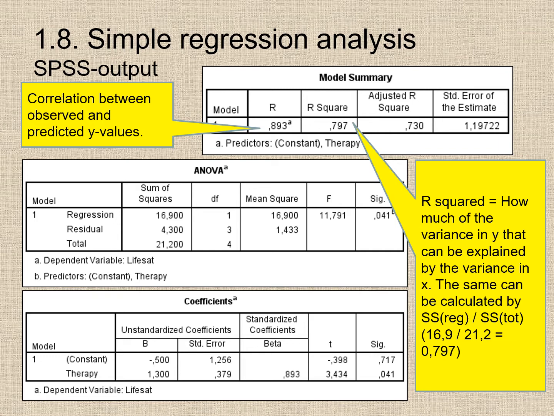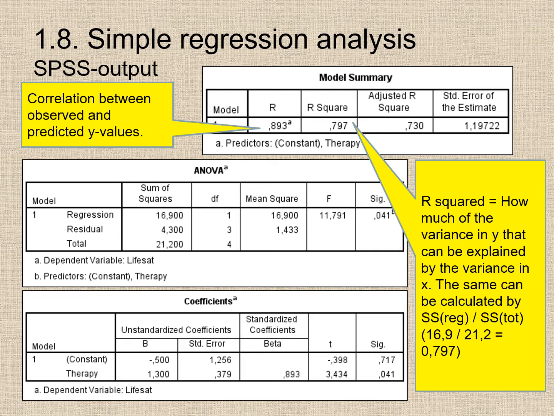If the population R-square is 0, so it's 0% explained variance in the population, what is the probability of, in a sample like this, of this size, getting an R-square that deviates this much from 0? Actually this much or more.